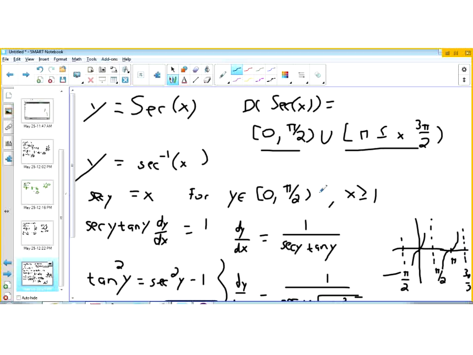Okay, so let me check one thing here. I want to check something with the text. This is actually problem number 64 in section 3.5. So let me check if I've answered that question. I'm looking up problem 64 in your text at section 3.5.